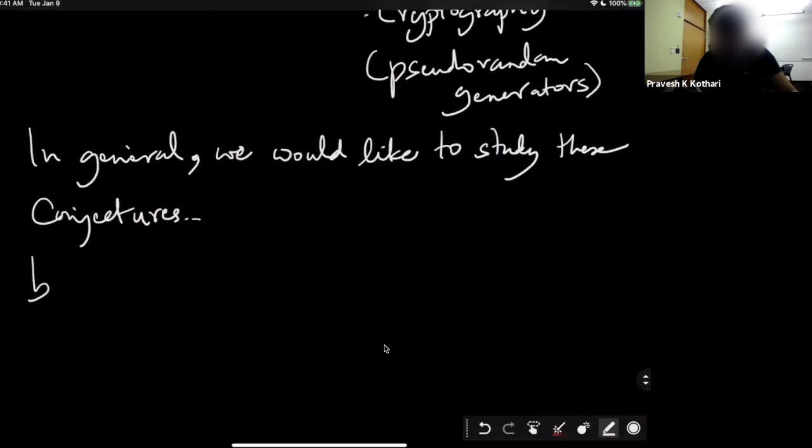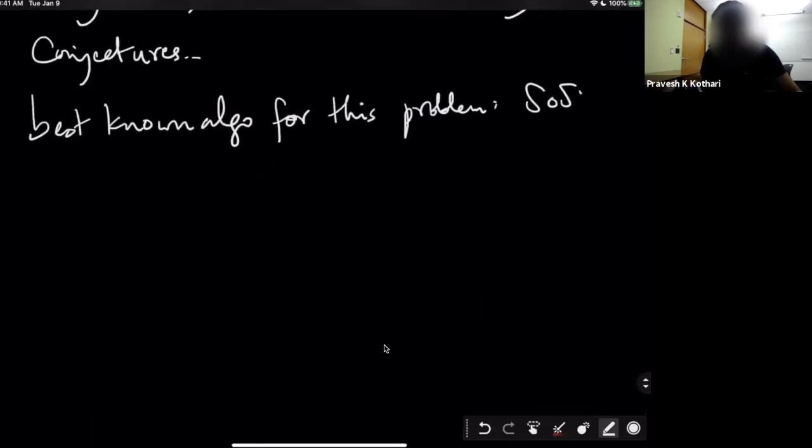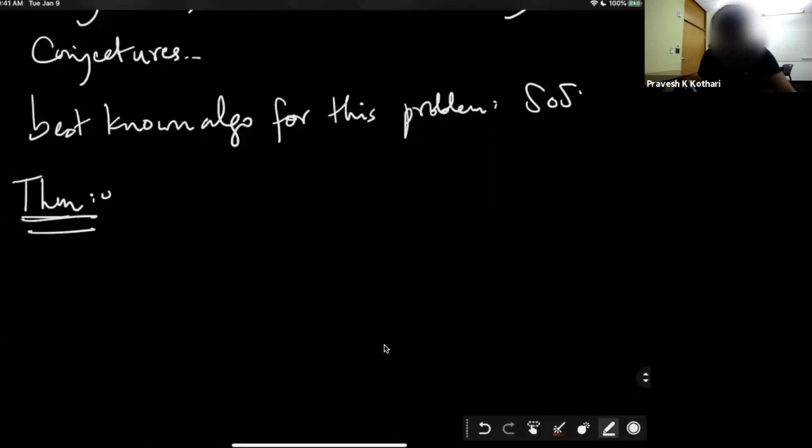And so it turns out that the best known algorithm for this problem is indeed the sum of squares algorithm. In particular, here's a theorem. I actually forget the reference for this, unfortunately, but no worries.